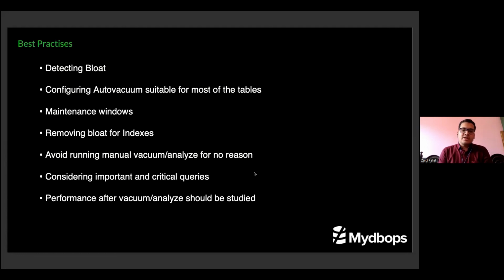So the next one is maintenance windows. If a database is really busy during the peak hours, and we cannot allocate more resources to auto vacuum or vacuum in general, we can plan maintenance windows during the non-peak hours. At that time we can set the resource allocation high for vacuum, and then we can vacuum the database, because vacuuming is important.